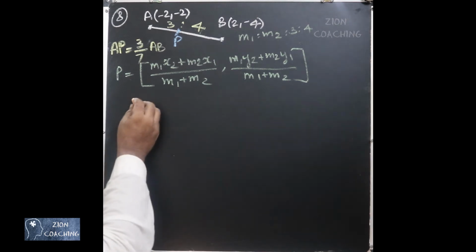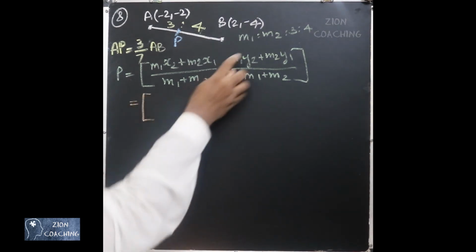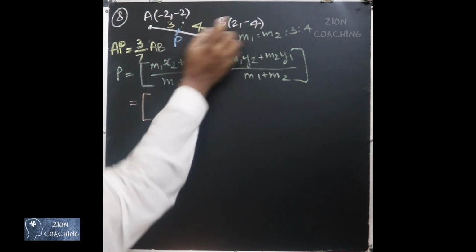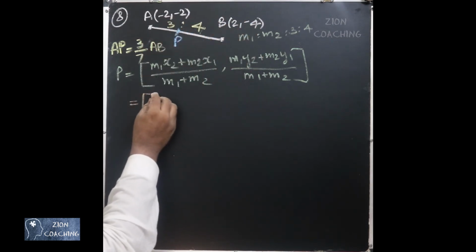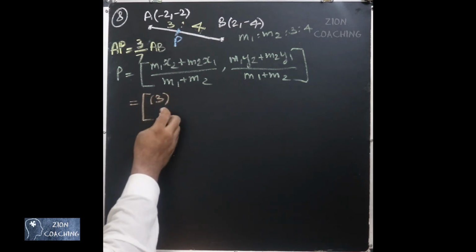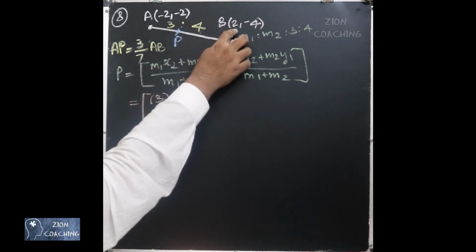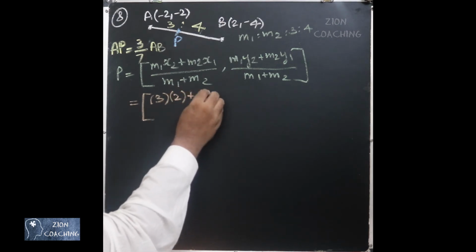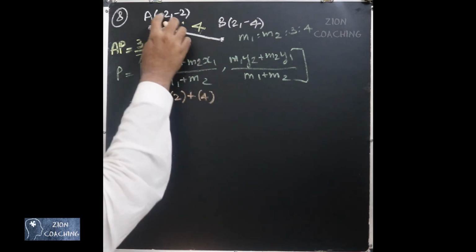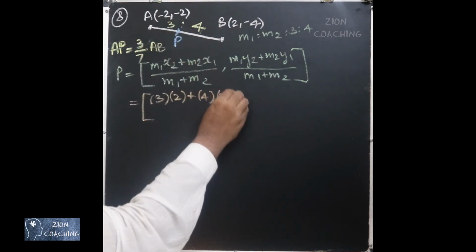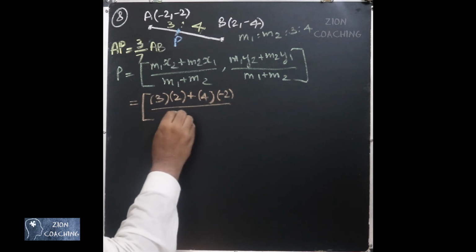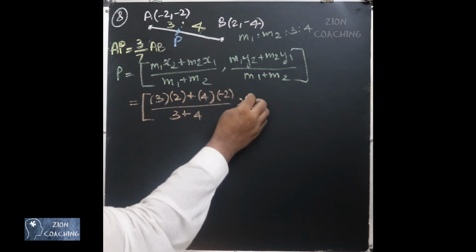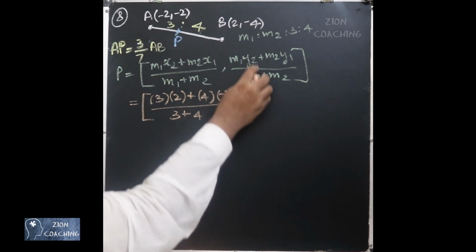When we are substituting, you know that m1:m2 is 3:4. Then this is your x1, y1, and this is your x2, y2. Now your m1 is 3 into your x2, that is 2, plus m2 which is 4 into your x1, that is -2, by m1 plus m2, which is 3 plus 4, comma, 3 into your y2.